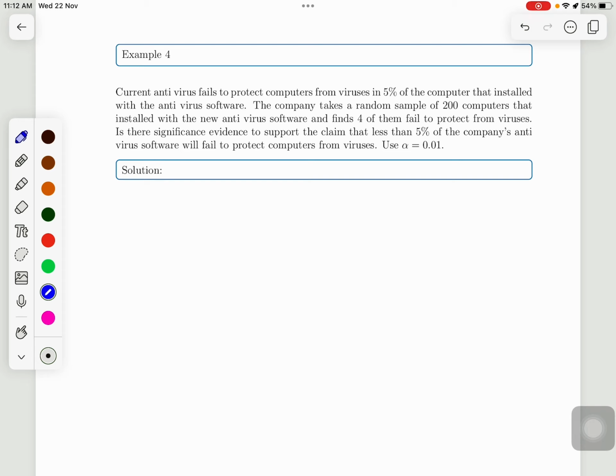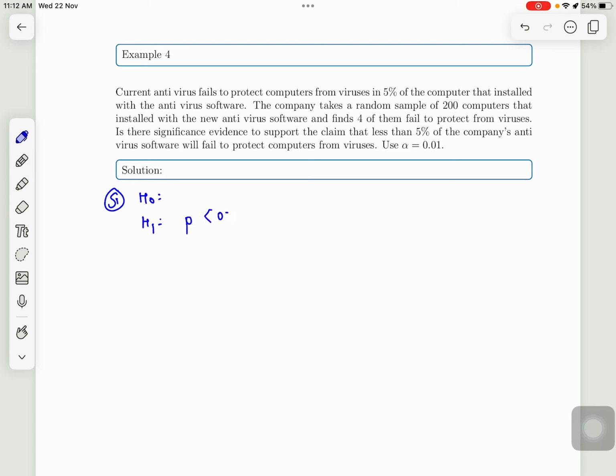We start with step 1. Because this one is about proportion, the alternative hypothesis is, since they ask you to support the claim that less than 5%, H1: P less than 0.05, so the null hypothesis is H0: P greater than or equal to 0.05.